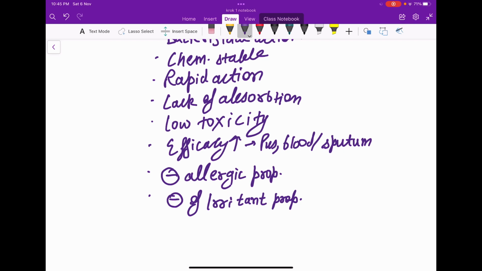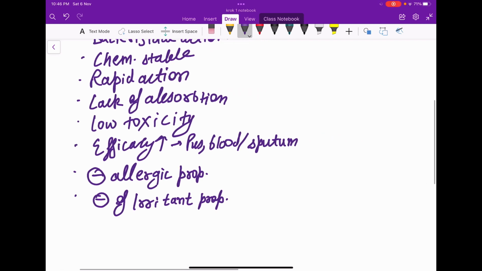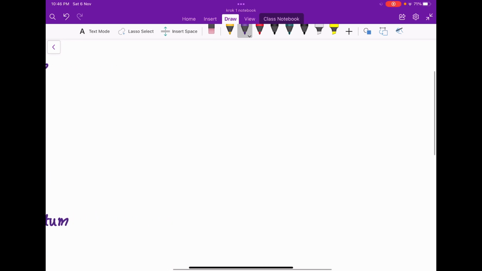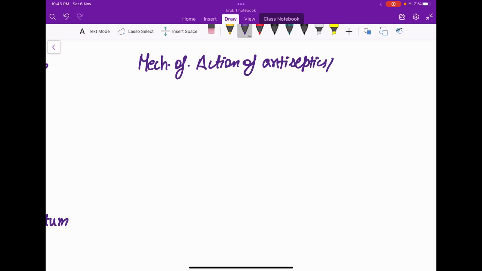And thereafter guys, let's move towards the classification. Before that, let's see what are the three main mechanisms of action of any antiseptic or disinfectant.